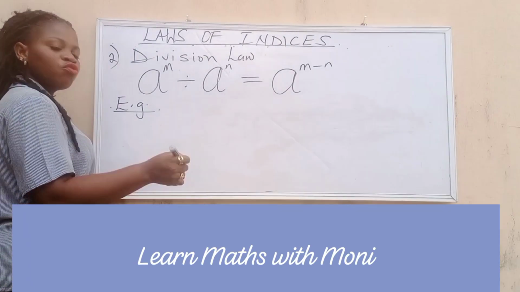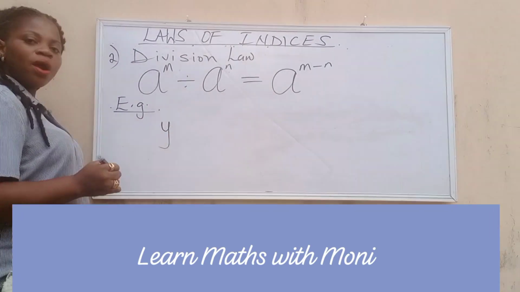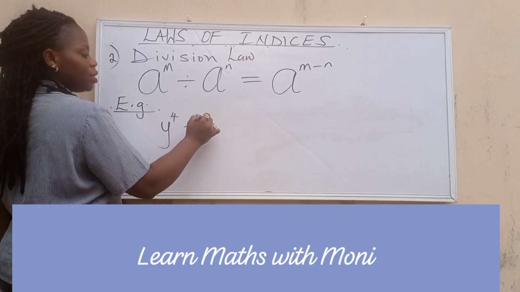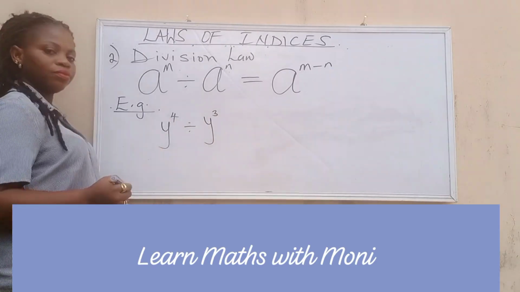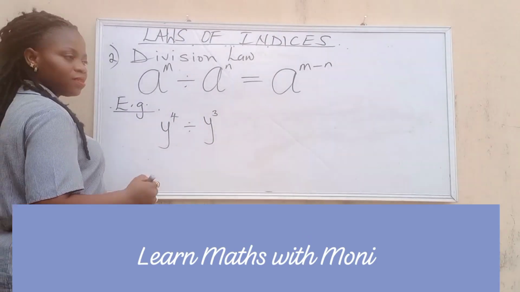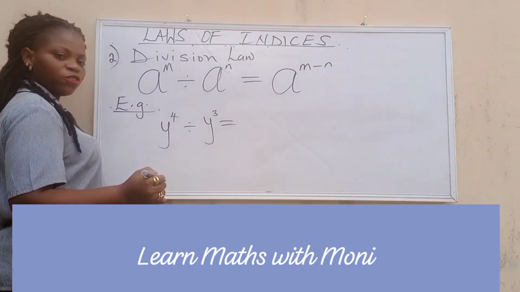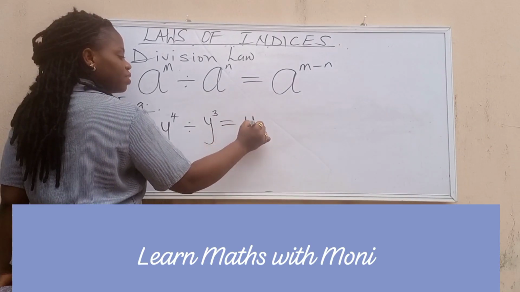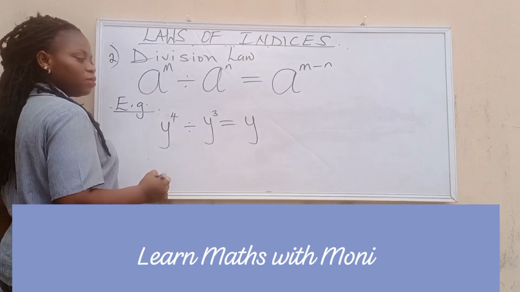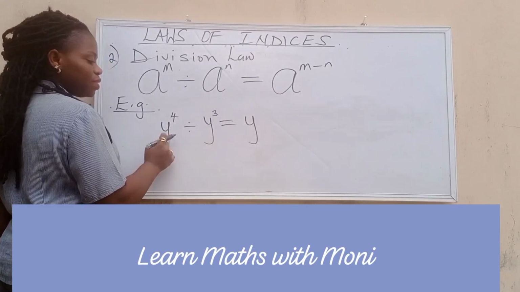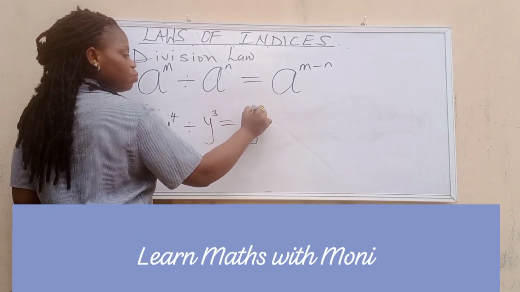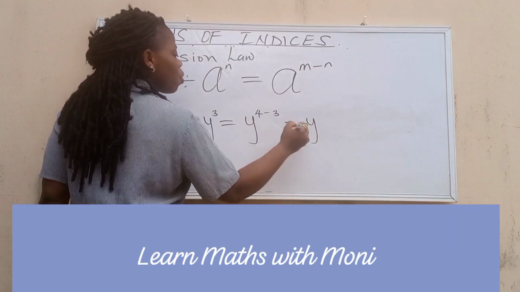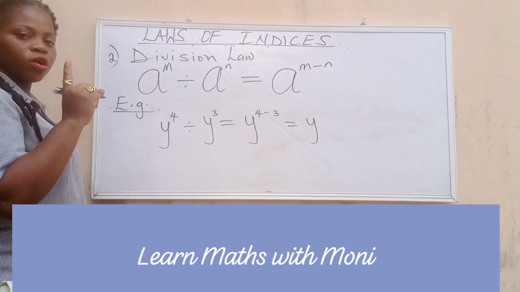You can have a non-numerical example where y raised to power 4 is divided by y raised to power 3. In this case, instead of going through that elaborate form, the law says I should just say, since the bases are the same, y raised to power 4 minus 3, which is the same thing as y raised to power 1.